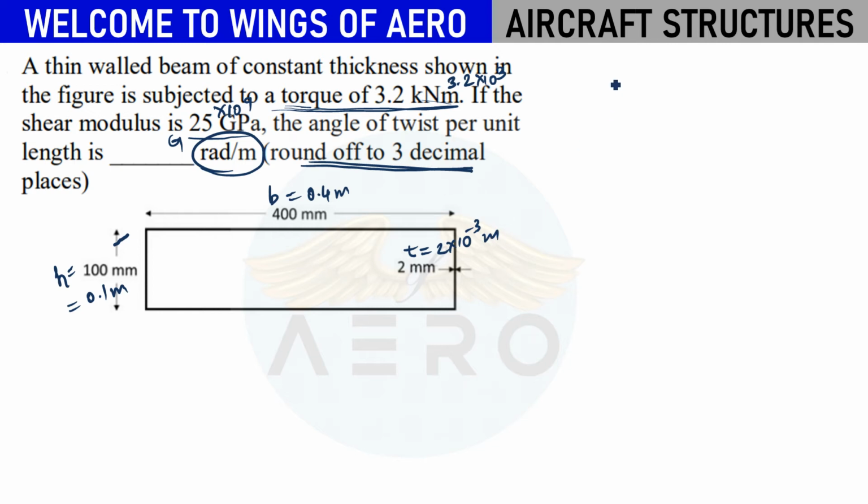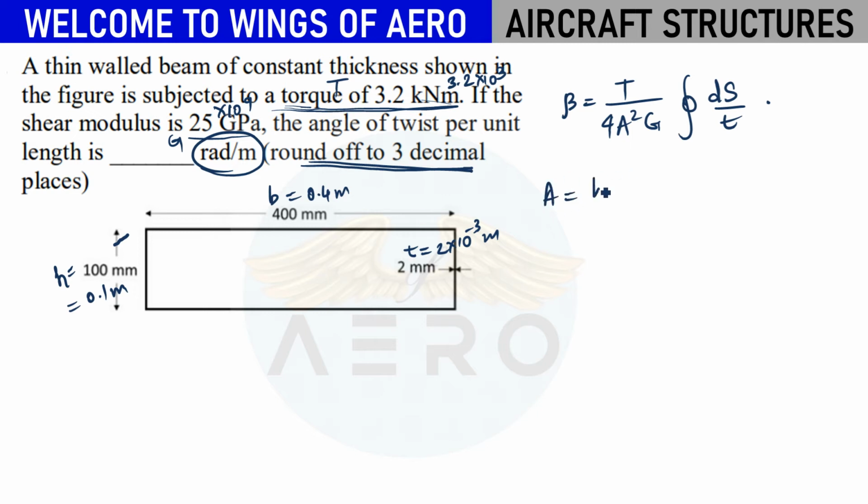Now here you have to find the beta value. What is beta? Beta is 2 by 4 A squared G, closed integral of ds by t. This is a formula. Here you need not use the Q formula because torque is already given. What will be the area?